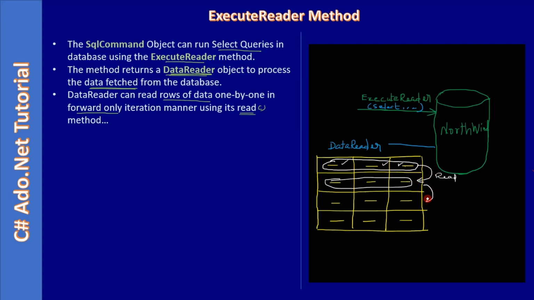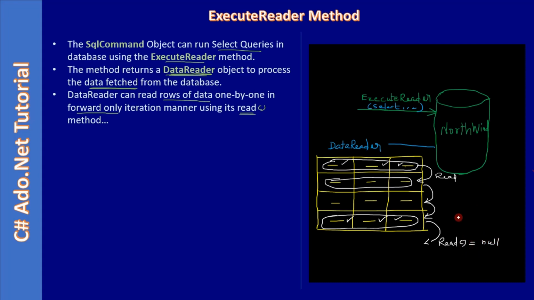Likewise, you can make a call to Read multiple times. When you are reading the last record, it will fetch the content of the last record and move the pointer to the null entry. So the record pointer will be at this location, and when you make a call to Read, it will not succeed.